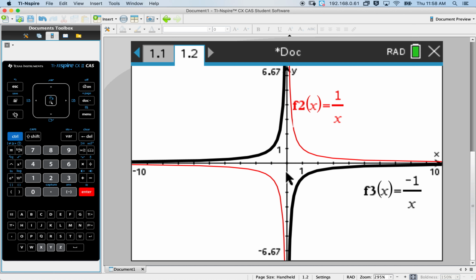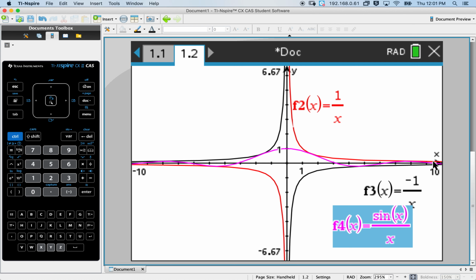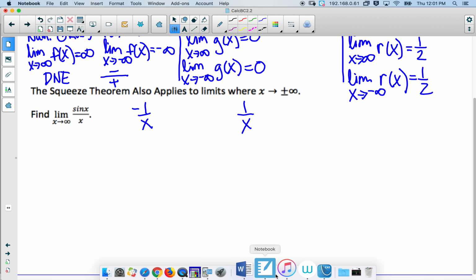Now let's try entering sine x over x. 1/x is going to 0, -1/x is going to 0, and because this function occurs in between, this is also going to 0. Okay, so let's go back to our notes and draw a picture.